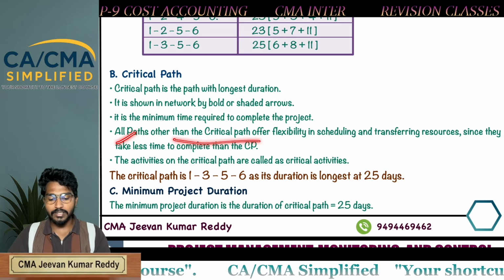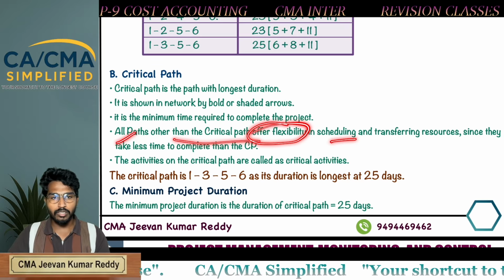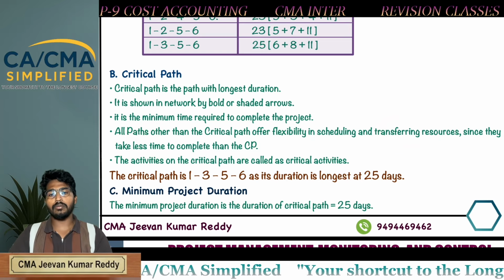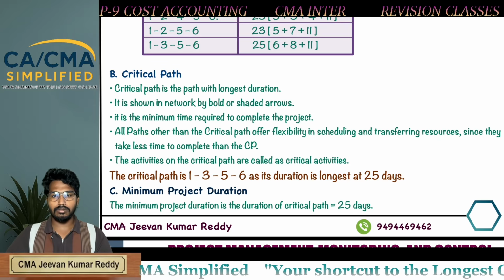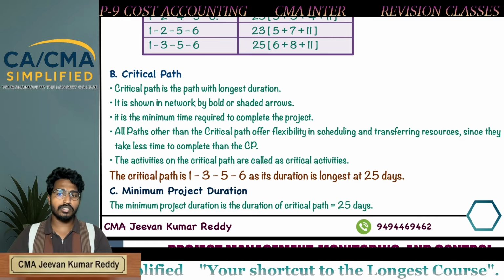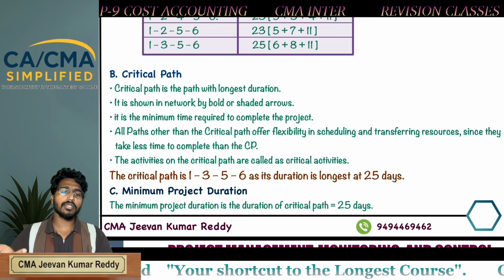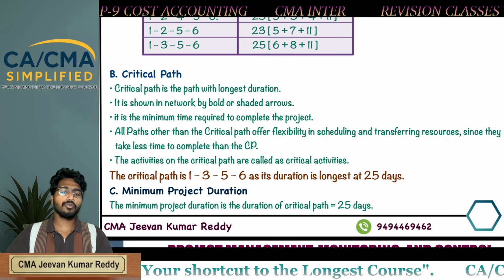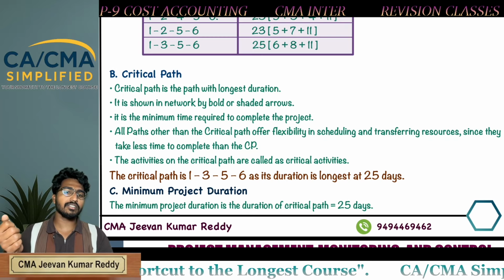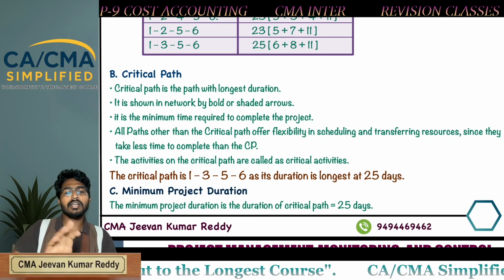All paths other than critical paths offer flexibility in scheduling and transferring resources since they take less time than the critical path. Other than the critical path, the other paths have some flexibility in the scheduling. They can start after some time or they can finish before some time, and they have flexibility to transfer resources from one activity to another activity.